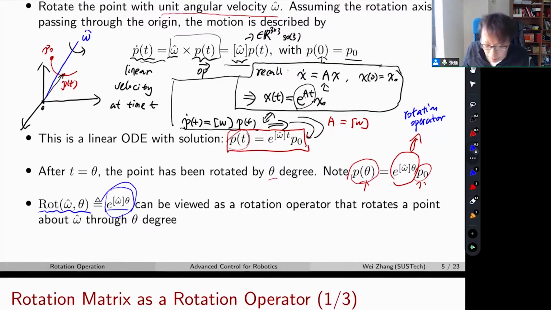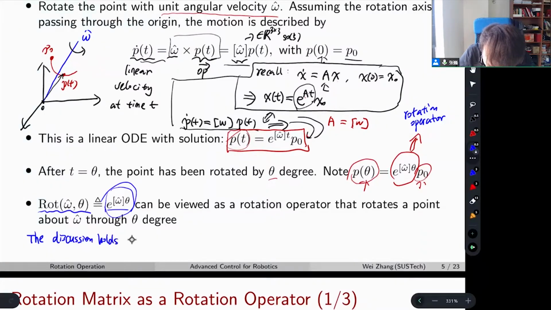Okay, this relation, all this discussion, holds for all coordinate frames. This is basically physics.